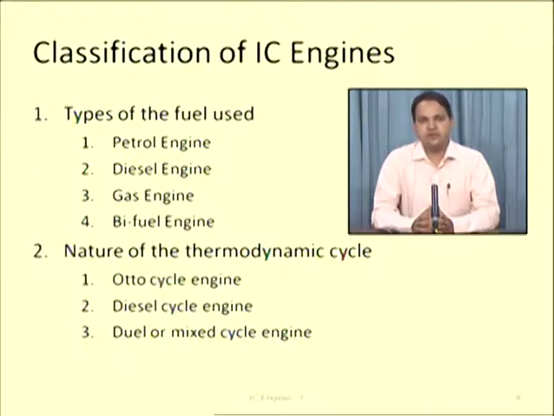Normally bikes are not available in diesel form. Third is the gas engine, in which we use gas as a fuel. It can be LPG, CNG or any other fuel. And fourth is the biofuel engine, in which we can use bio fuel as our fuel. The next classification is based on the nature of the thermodynamic cycle. In the introduction we have studied something about the cycles.